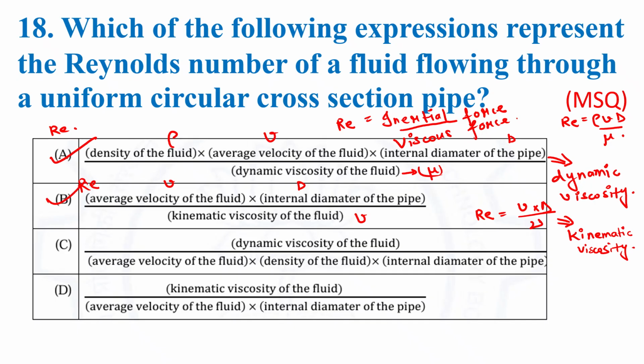So over here my correct options will be option A and option B. And options C and D are the inverse.